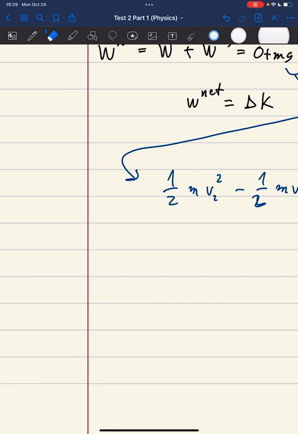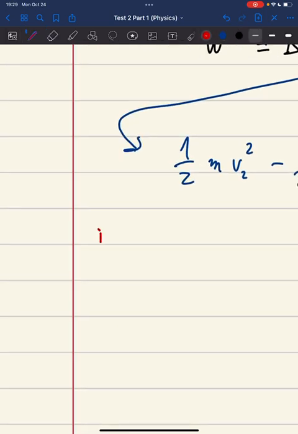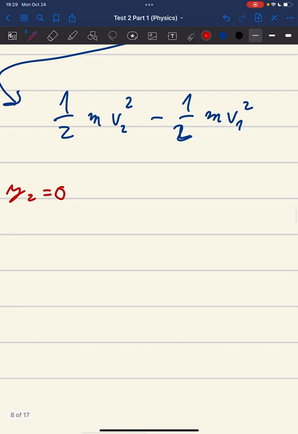We represent it like this, the same as this.